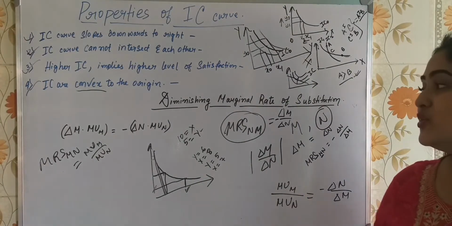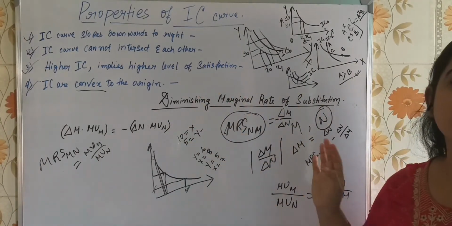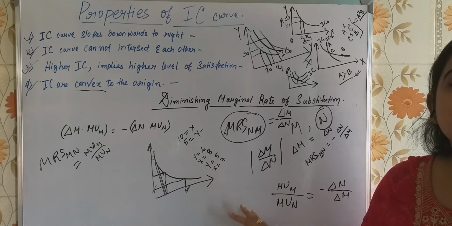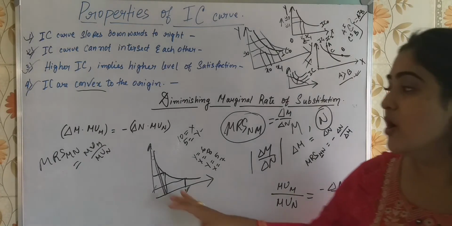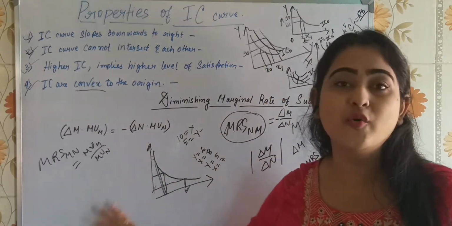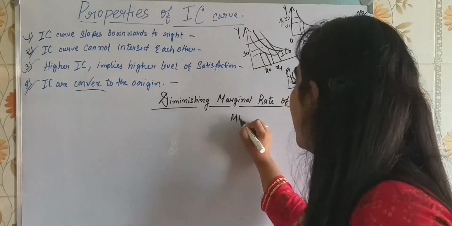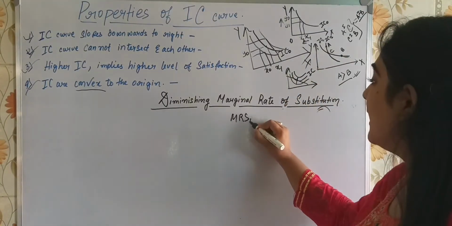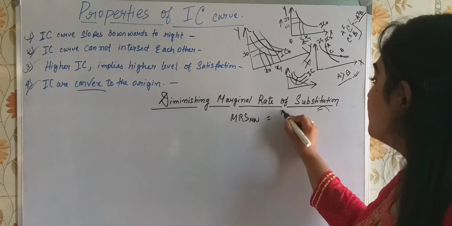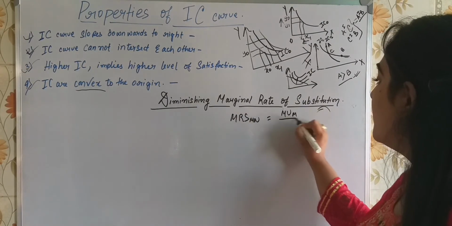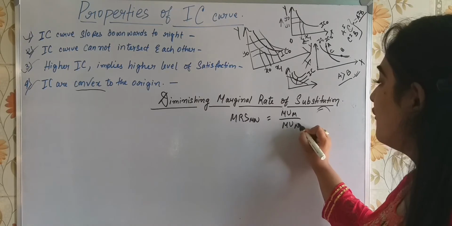Now we will do a nice problem to show the equilibrium of this formula. Got it? Now to prove that MRS of Mn is equal to marginal utility of m by marginal utility of n.